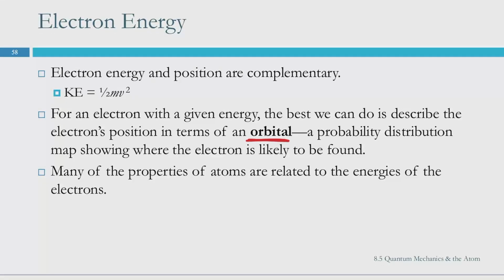An orbital is a probability distribution showing where the electron is likely to be found. There's a bunch of orbitals, but generally it's safe to say we can just think of them as shapes. Later, we'll be looking at a bunch of different shapes. An orbital describes one of these shapes.